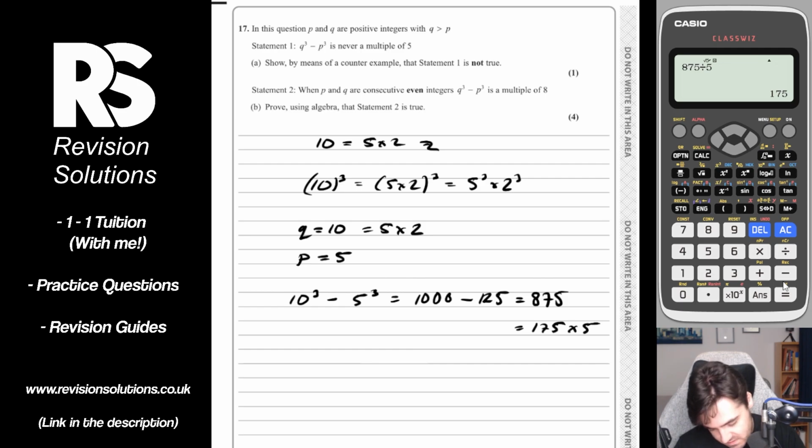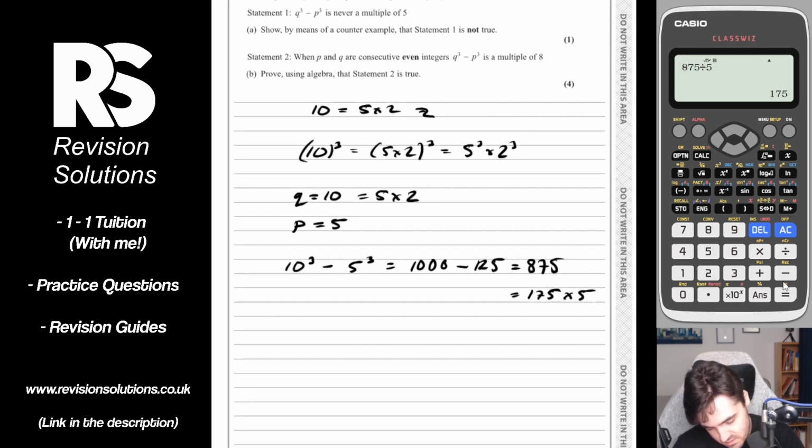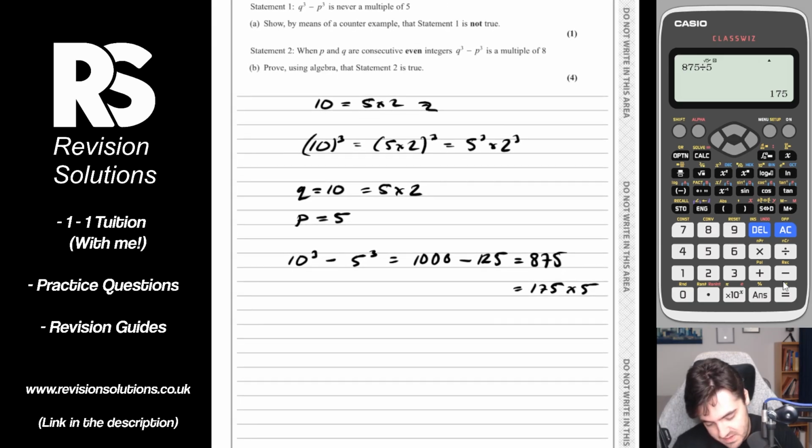Then the next statement says, when p and q are consecutive even integers, q cubed minus p cubed is a multiple of 8. Prove using algebra that statement 2 is true. Well, let's define what it means for them to be consecutive even integers. q is the bigger one, so let's start with p.